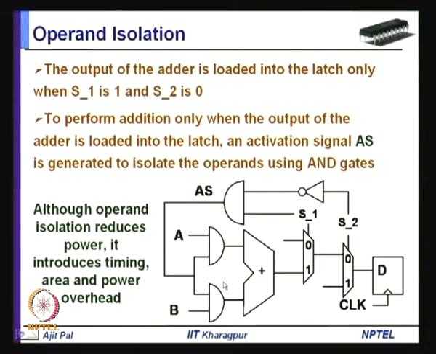So, here the trade-off is that the power saving achieved by using operand isolation must be more than the power consumed by the hardware that generates the activation signals and the additional hardware that you are using. Obviously, this trade-off has to be satisfied, otherwise it will not have any benefit.